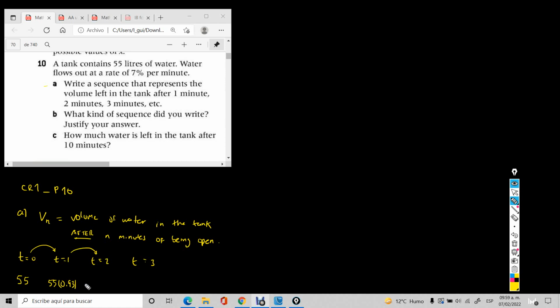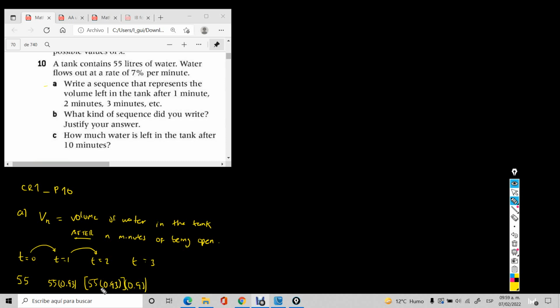Then we know that this was the previous amount of water in the tank, and now 7% of this has left the tank, and therefore only 93% of this quantity is going to be here at time 2. So I'm going to take all the quantity and multiply it by 0.93.